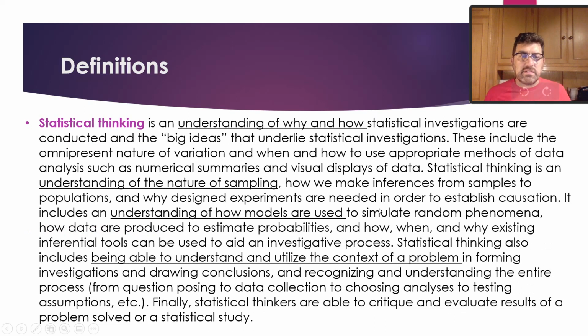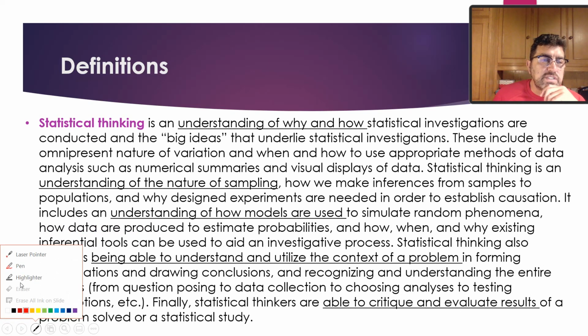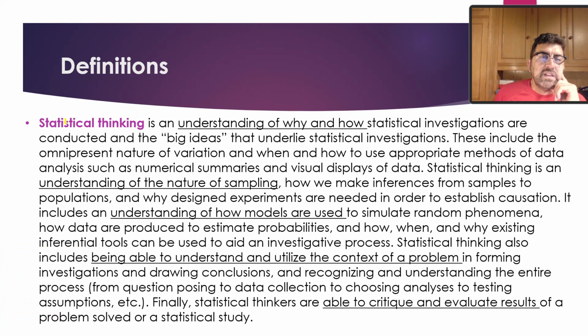The last slide with the definitions, I want to use my highlighter here. Statistical thinking is an understanding of why and how statistical investigations are concluded, and the big ideas, we're going to look at those big ideas just now, that underlie statistical investigations. Okay? These include the omnipresent nature of variation.